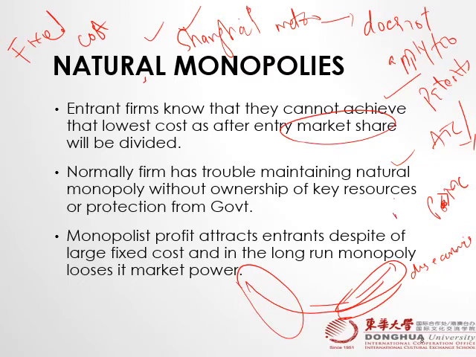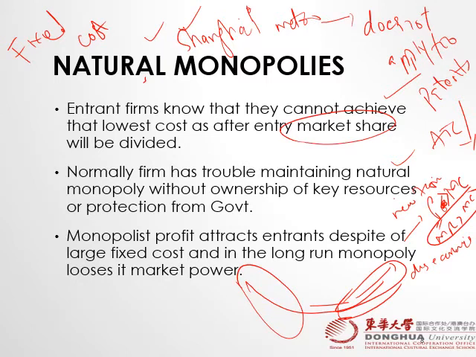In that case, new firms start entering, right? Or price greater than the marginal cost, or MR greater than MC, right? We will learn that, but not in this case.